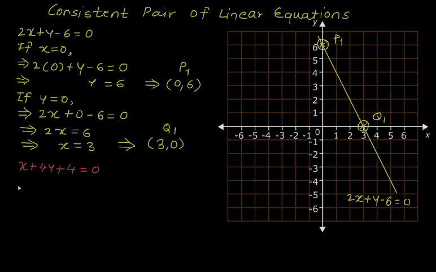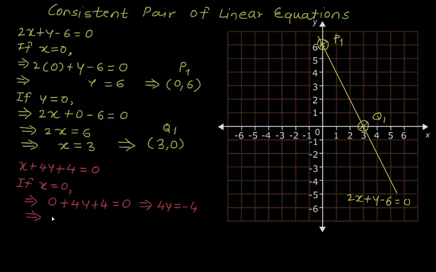Similar to the first linear equation, let's assume the value of x as 0. Now if x has value 0, that means the linear equation will become 0 plus 4y plus 4 is equal to 0. That means subtracting 4 from both sides, we get 4y is equal to minus 4.